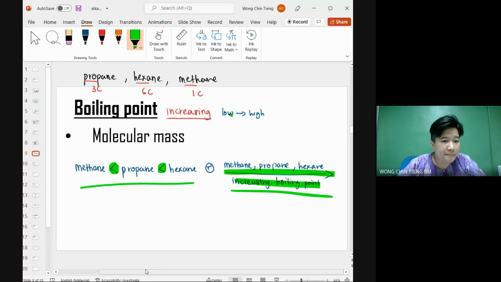And if you ask me which one I prefer, this one, because kamu memang struggle dengan simbol ni. Aku tak tahu apa masalah dengan budak, tapi budak memang dia struggle dengan simbol tu. Dan kamu akan spend masa fikir simbol nak duduk terbalik ke, nak duduk macam ni ke. So tak payah, kita guna arrow, kita salin balik apa yang soalan nak, kita tulis increasing. Increasing means from low to high.